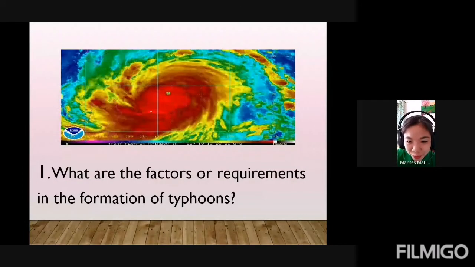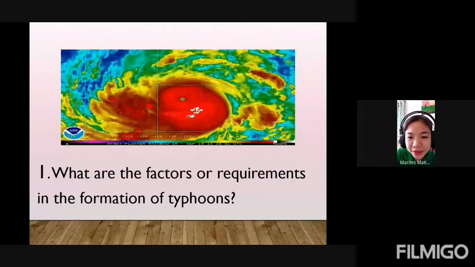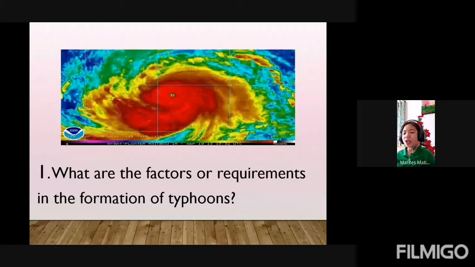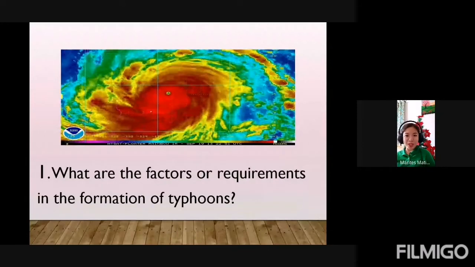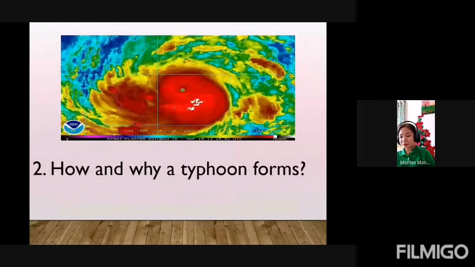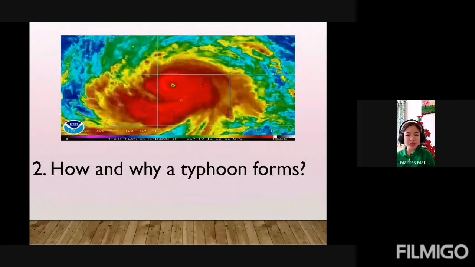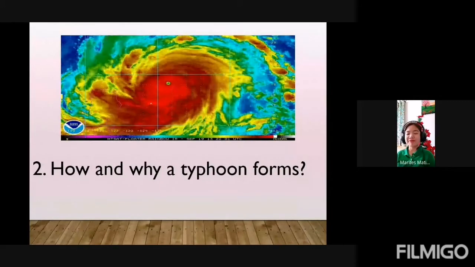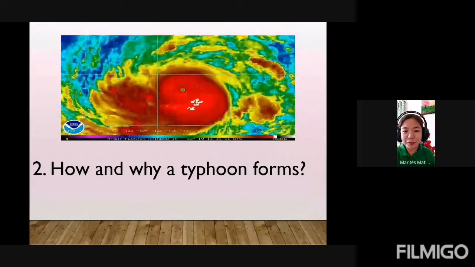Warm water. Very good, Faith. So, those are the factors or requirements in the formation of typhoon. Okay, next. How and why a typhoon forms? How typhoon forms? Pwede natin gamitin yung kanina yung activity number 2 natin.